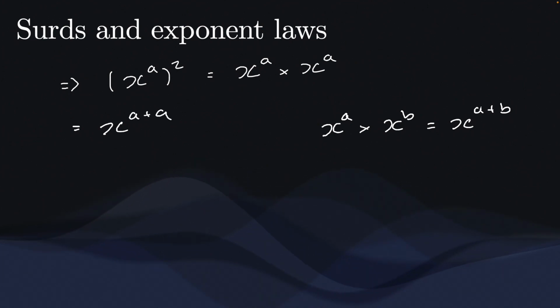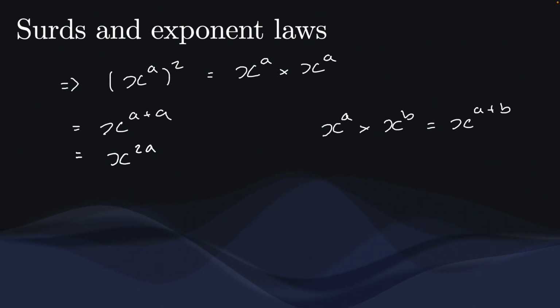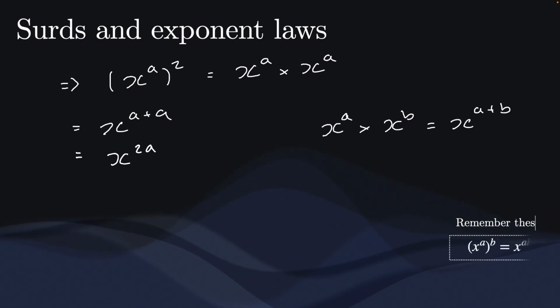And what's x to the a plus a? Well, that's just the same as saying x to the 2a. And what we can see, again, is just multiplied by itself.